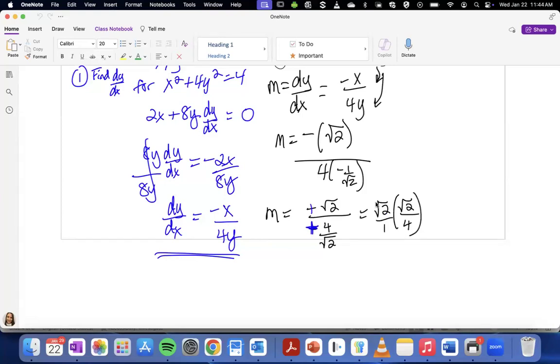So you get 2 over 4, which is 1/2. Hold on, I want to make sure I did it right. I think I made a little error in my notes.